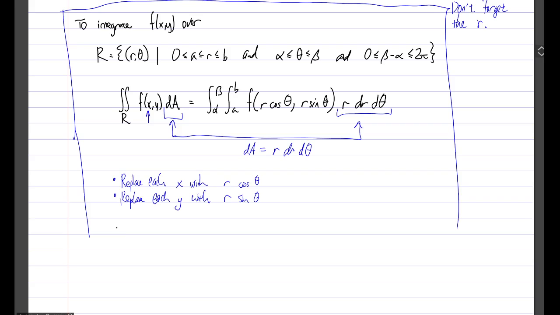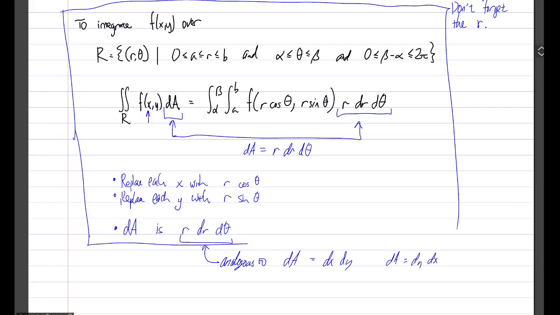And then, as has already been commented, dA is going to become r times dr times d theta. I know this looks a little strange, and we will see some examples in a moment, but this is analogous to earlier in the chapter where dA got replaced with dx dy, or dA got replaced with dy dx. Same idea. All right.